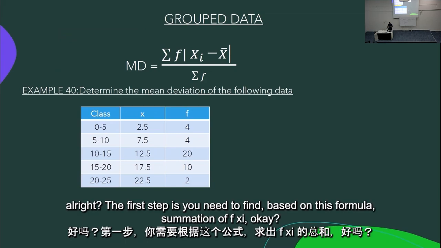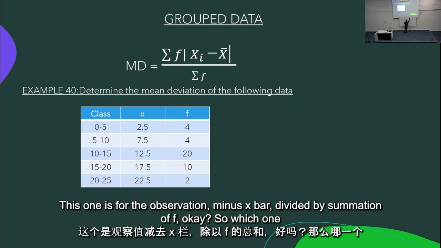The first step, based on this formula, is the summation of f times the absolute value of xi, the observation, minus x bar, divided by the summation of f.